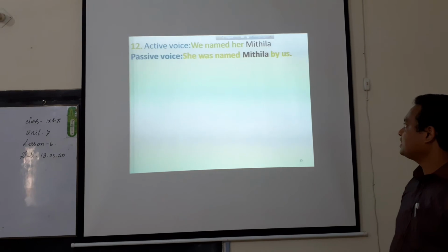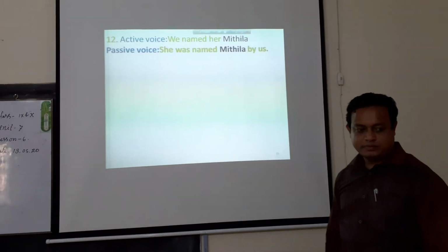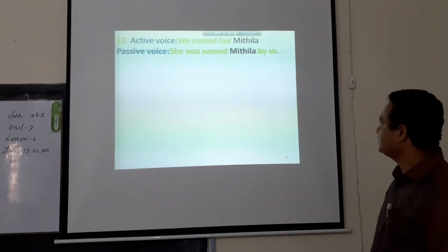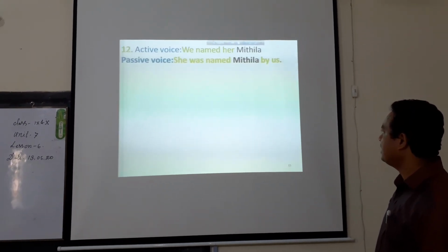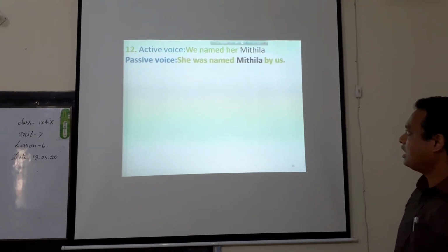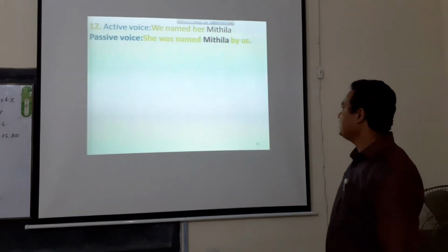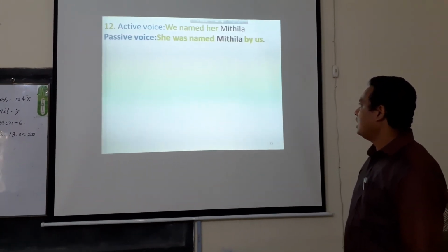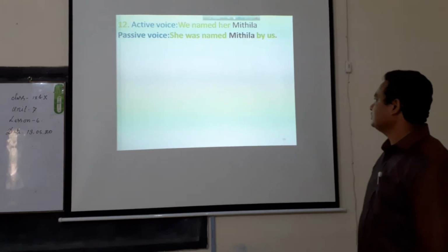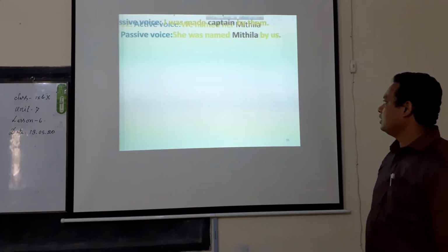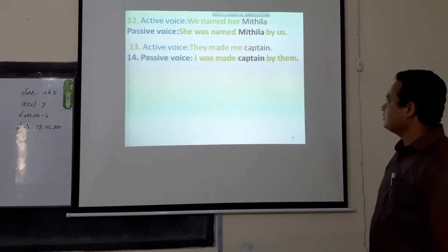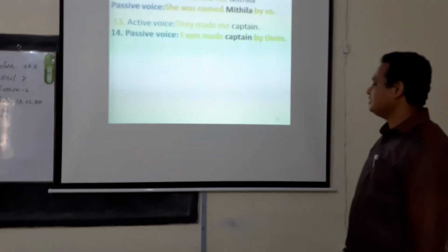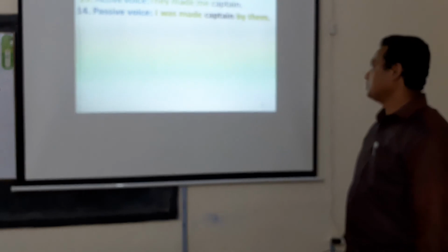We named her Mithila. Please follow these sentences. We named her Mithila. Here, her and Mithila are the same person. They made me captain. Me and captain are the same person.